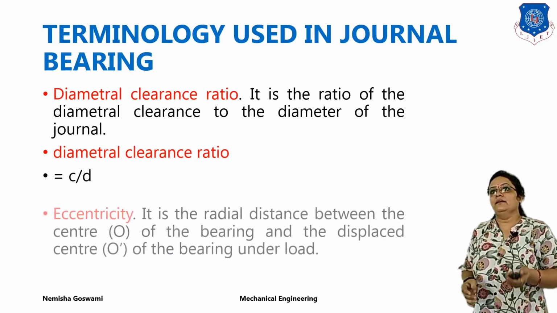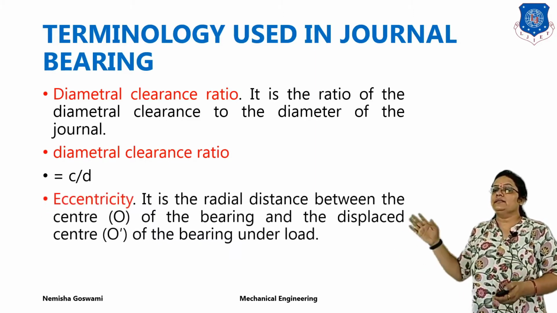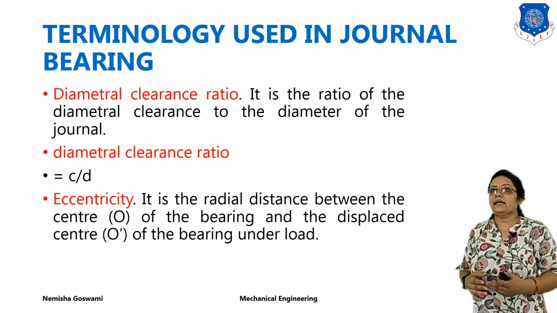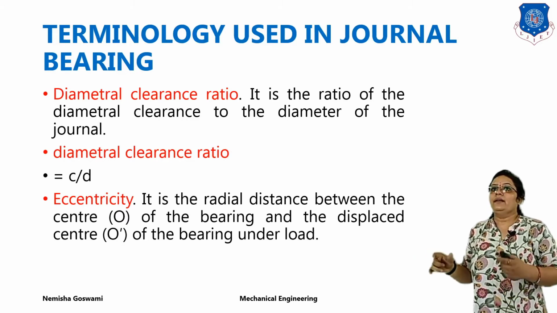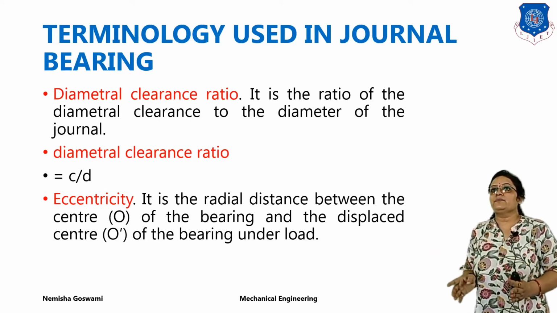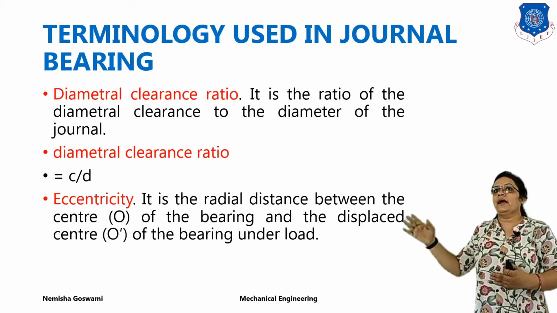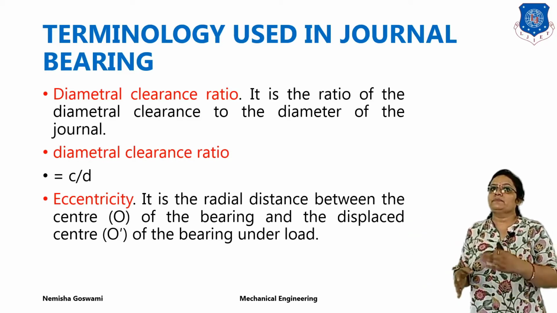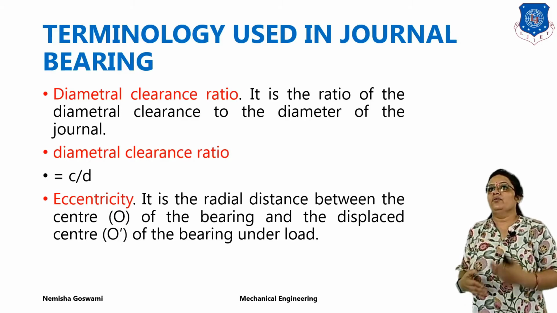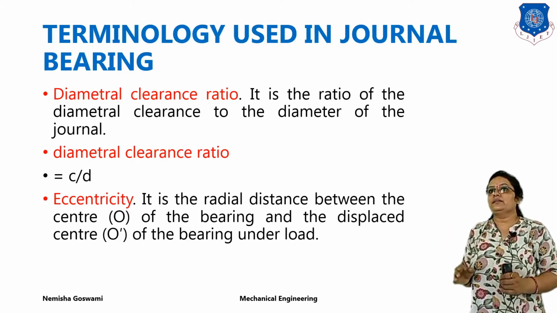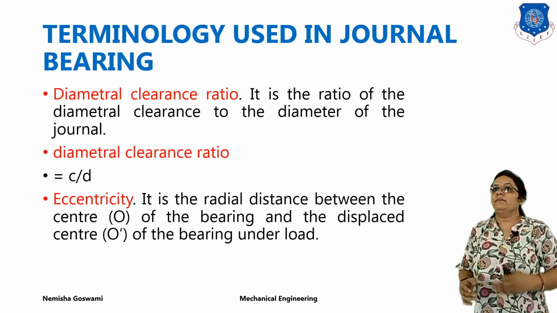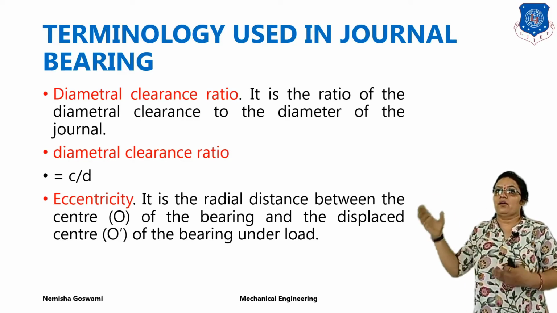Next is eccentricity. What is eccentricity? We have already seen it in the diagram. It is the radial distance between the center of the bearing and the displaced center under load condition. The displaced center means the center of your shaft. In ideal condition, O and O dash should be at the same point, but in actual practice that is not possible.